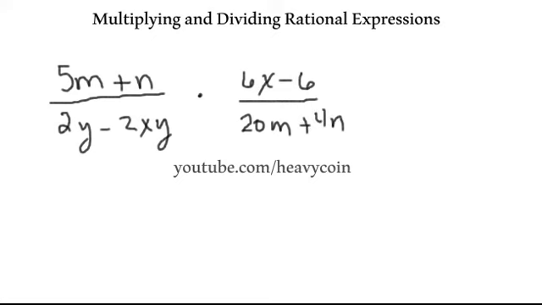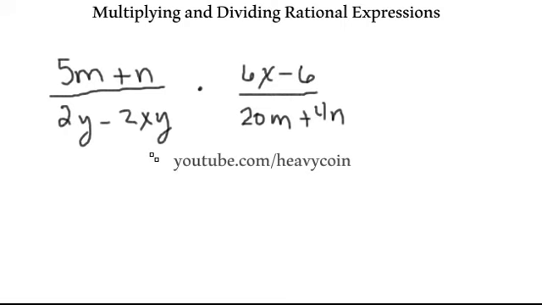Alright, so we want to simplify this thing down. Well, there's nothing we can do here, so I'm going to end up rewriting that. So that's just going to be 5m plus n. However, this one here we can factor out a 2 and a y.